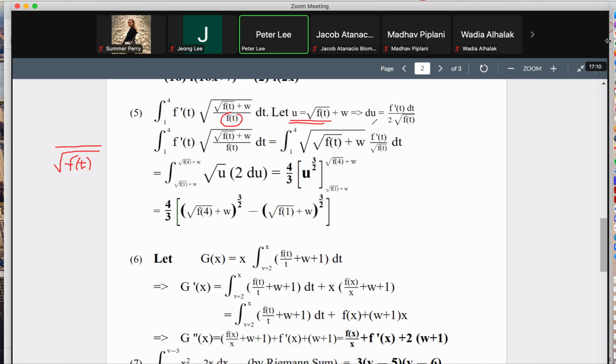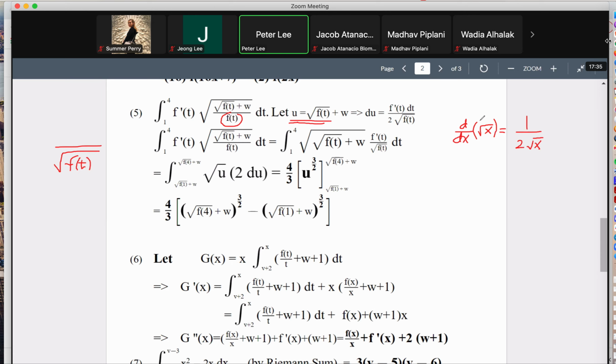So that's the key. So once again, what is the derivative of square root of x? It is 1 over 2 square root of x.